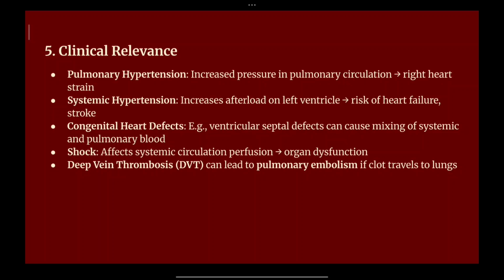If there is a clot or thrombi, it might travel through the pulmonary circulation and lodge itself in the lungs. So it can obstruct the blood flow in the lungs, causing pulmonary embolism, which is a thrombus or clot that is disrupting the normal functioning of the blood flow. So deep vein thrombosis is one such clinical relevance related to the systemic circulation.